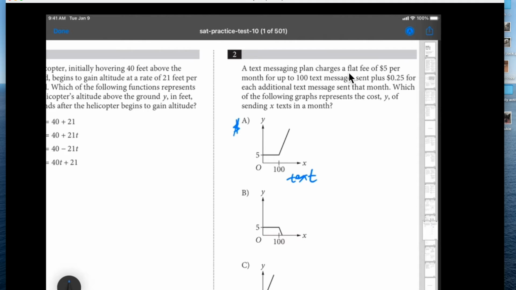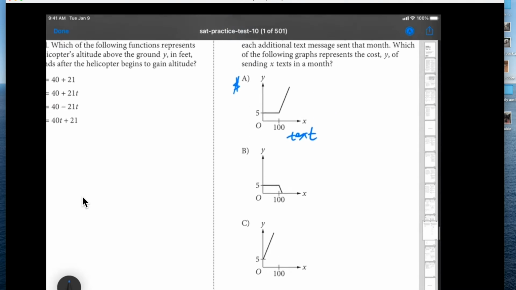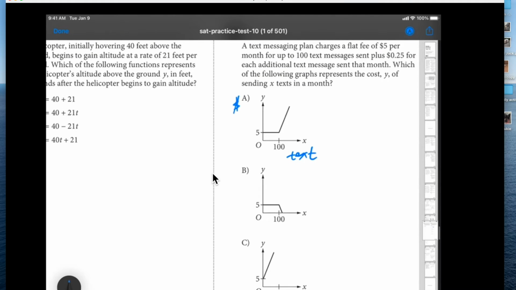Whenever you see a term like flat fee or initial fee, that's your y-intercept. That is where the number of text messages equals 0. So let's look at these choices. And it looks like they all start at 5, so we can't rule any of them out. Now, the $5 holds for up to 100 text messages. So here's $5 holding to up to 100, so that stays.